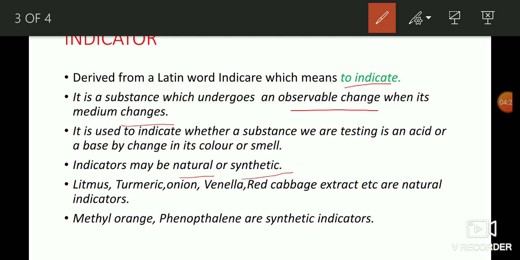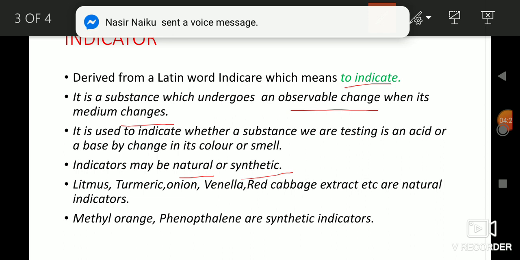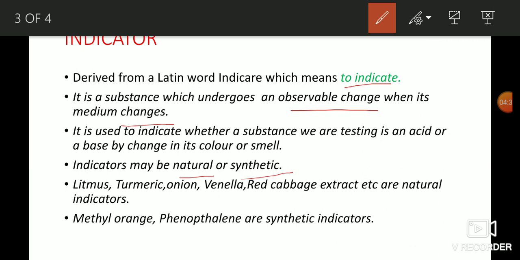For example, litmus, turmeric, onion, vanilla, red cabbage extract, these are all natural indicators. And synthetic indicators are those which are prepared artificially, which we prepare in laboratories, which include methyl orange, phenolphthalein. So indicators are of two types, natural and synthetic.